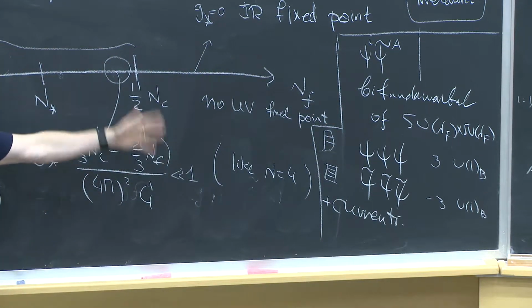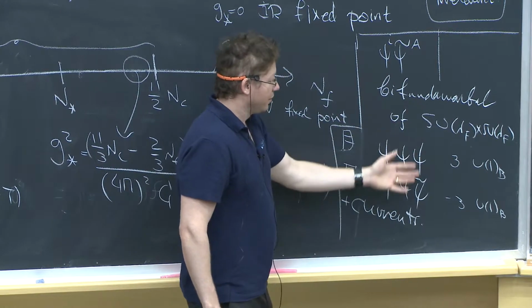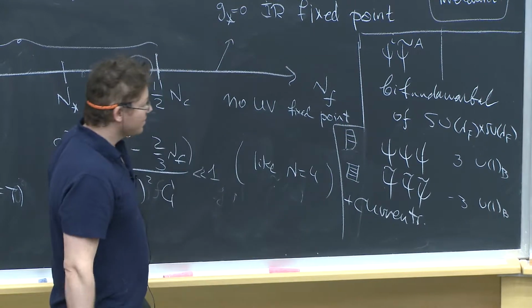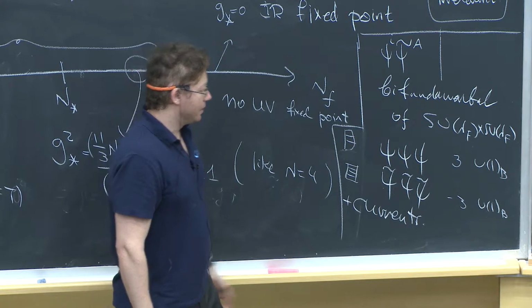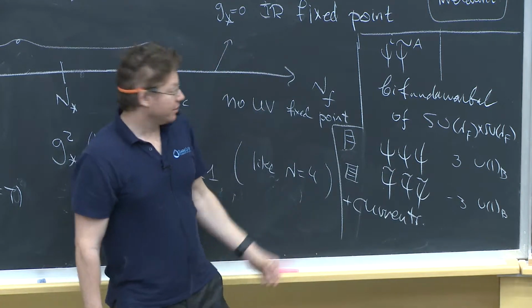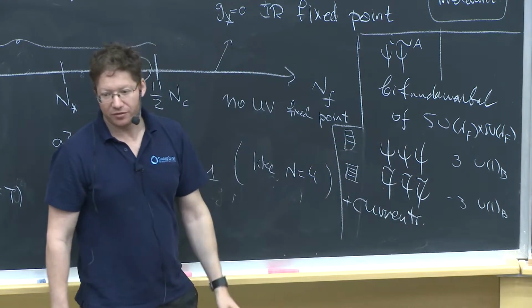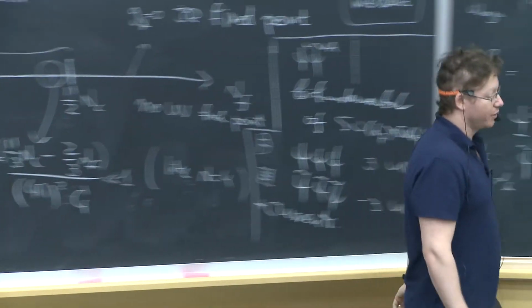And now maybe this list is exhaustive for NC smaller than 4. For NC bigger than 3 or 4, then probably we should omit these guys. The naive dimension of these guys is kind of on borderline, so it's hard to say if they are going to be relevant or not, but in any case, we more or less know where to look for them.